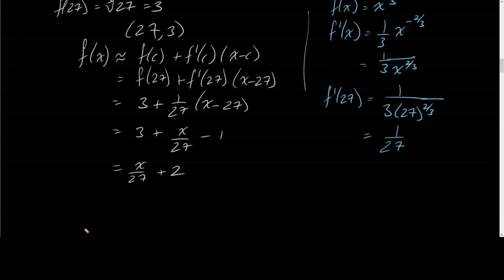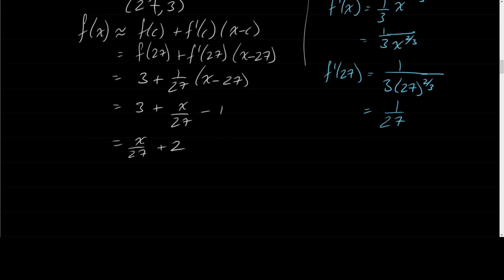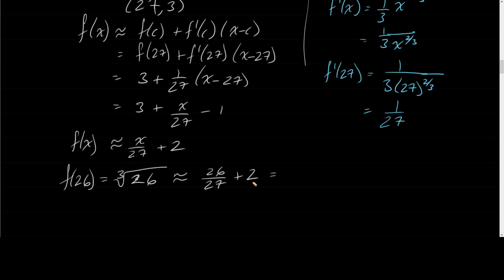So what we found here is that f of x is approximately, not equal, x over 27 plus 2. Now let's figure out what f of 26 is approximately. f of 26, which again is the cube root of 26, will be approximately 26 over 27 plus 2.